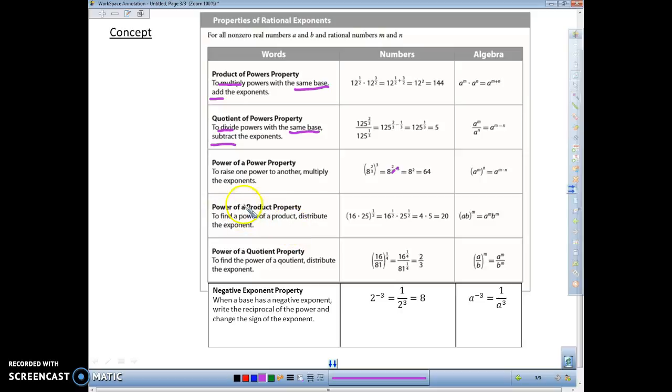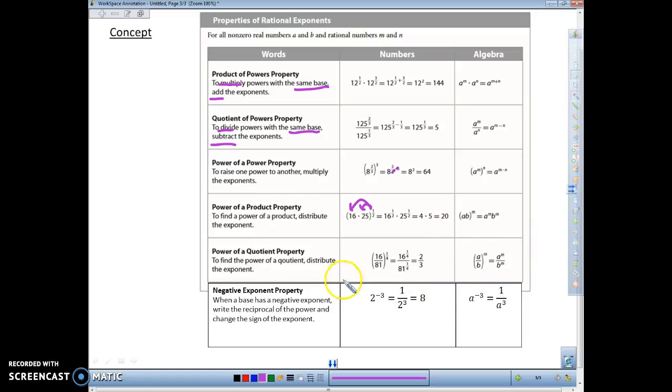The power of a product property: if I have two numbers that are multiplying and that is raised to an exponent, I just distribute this exponent into each term on the inside. Same idea if I was dividing, for a quotient. So 16 to the 1/4 divided by 81 to the 1/4: we distribute that exponent into each term, and then we can solve.